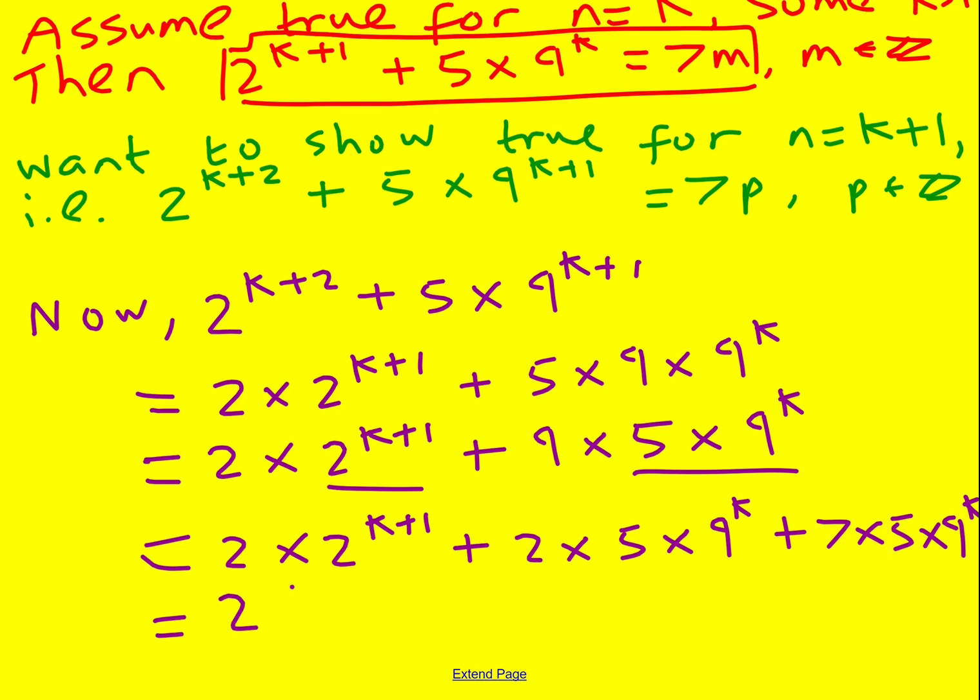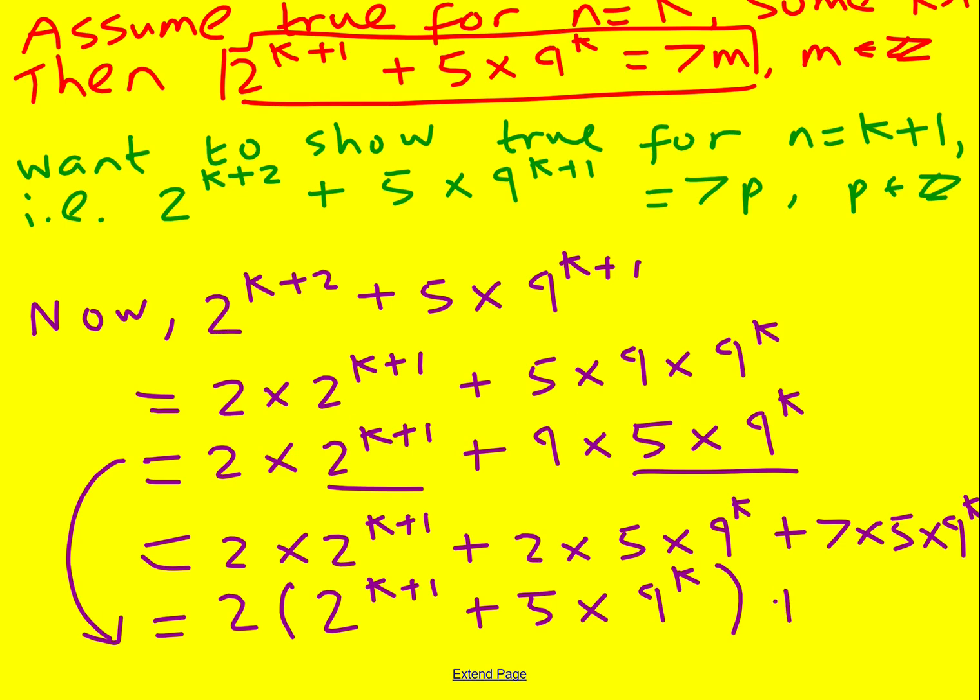Now I can factorize that 2 out, so it's actually 2 lots of 2 to the k plus 1 plus 5 times 9 to the k. Now I could have actually gone straight from here. I was just trying to make it clear what I was doing. I'm combining the 2 lots of these, and I'm just then left with the 7 lots.